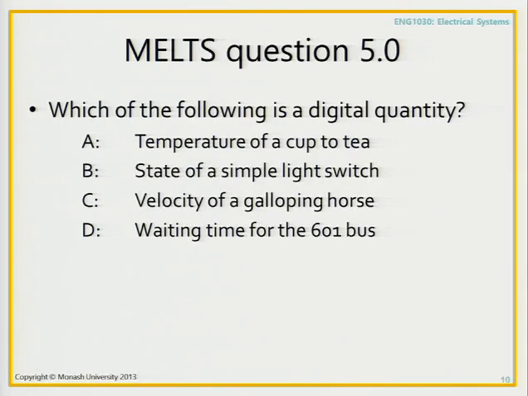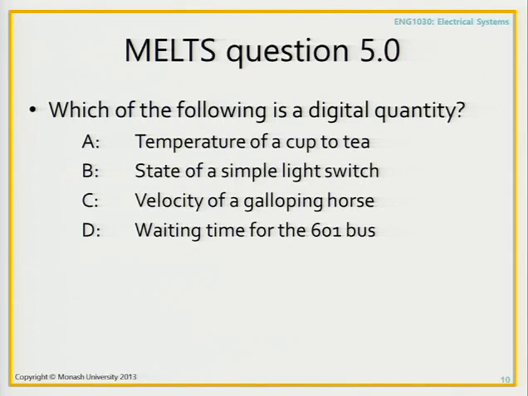I said this to my wife, and she goes, "But what if there's a dimmer on it?" I'm like, "Oh, damn it!" So I made a simple light switch with no dimmer. Okay, so that's pretty much the principle behind distinguishing digital and continuous systems.